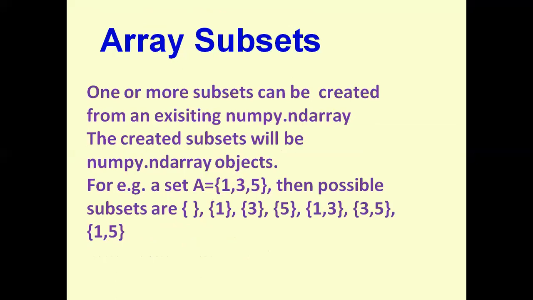Also you can retrieve a subset of values from an array. By using curly brackets, you can make a subset. One or more subsets can be created from an existing NumPy array. The created subsets will be NumPy array objects. For example, see here, a set, this is a set of a, one set, then subsets are, this is another set, separated with a comma.